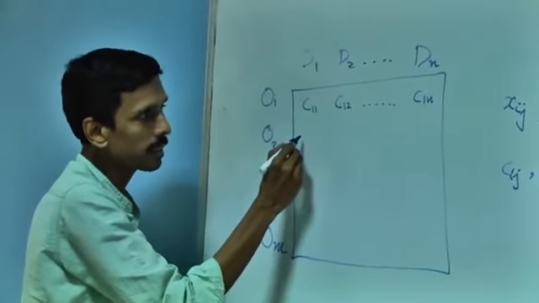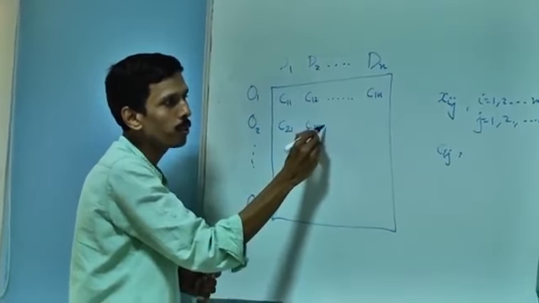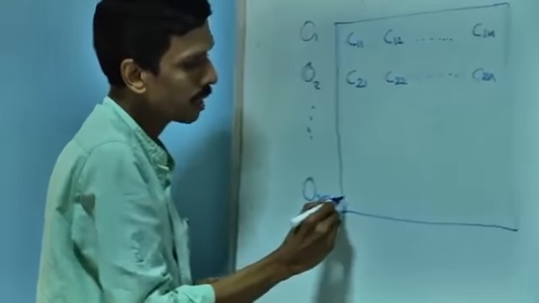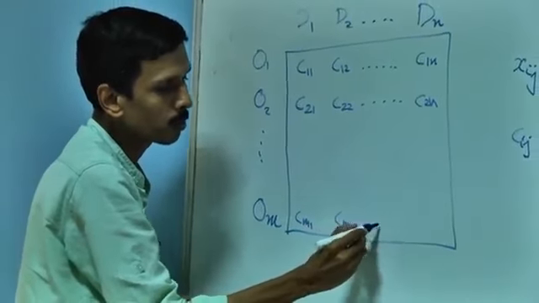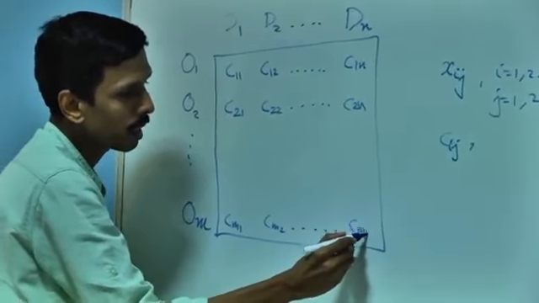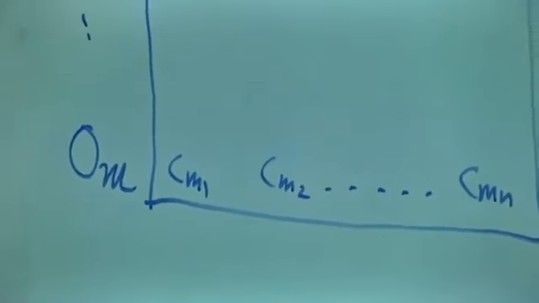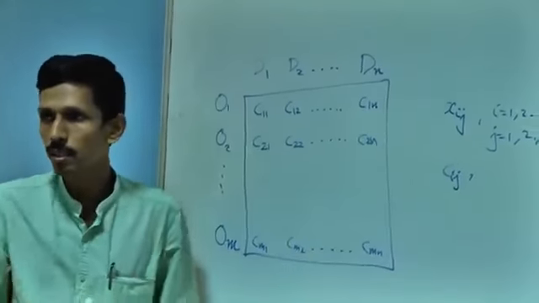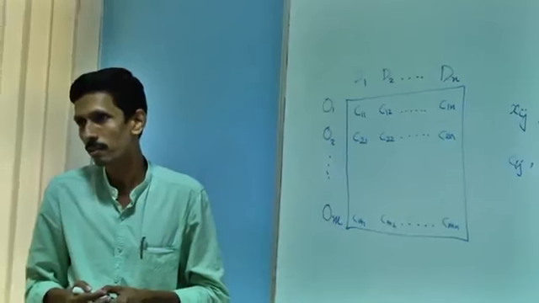Then second row, C21, C22, C2n, and finally CM1, CM2, etc. CMN is the cost of transporting one unit from mth origin to nth destination. We will call this matrix the transportation matrix.